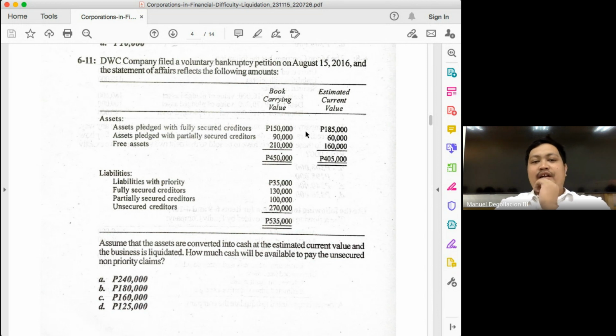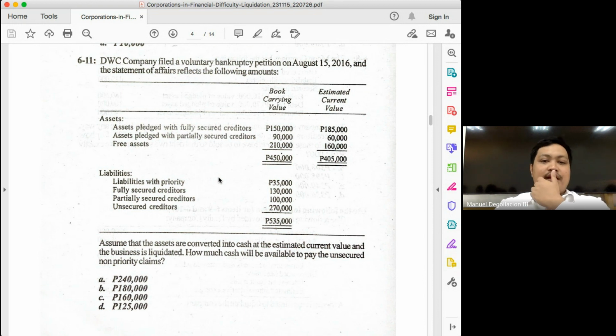Okay. So we start with our free assets of 160. We add the excess on the fully secured in the amount of 55,000, and then you deduct the payments to your liabilities with priority in the amount of 35,000. How much will that give you, class? 180,000.